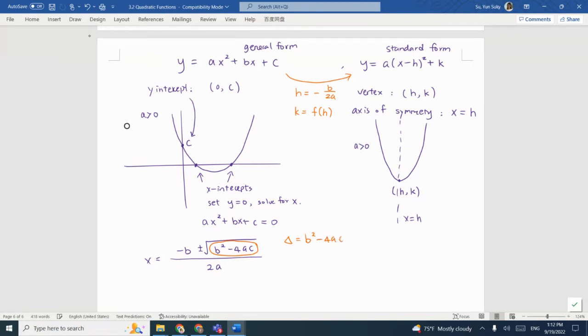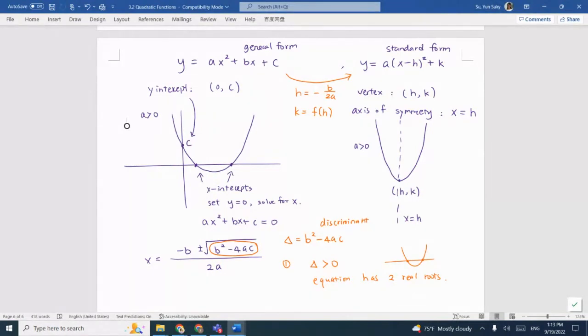So b squared minus 4ac, discriminant. Okay. All right. So first case, if the discriminant is greater than 0, then our parabola will intersect the x-axis in two different points. That means this equation has two real roots.